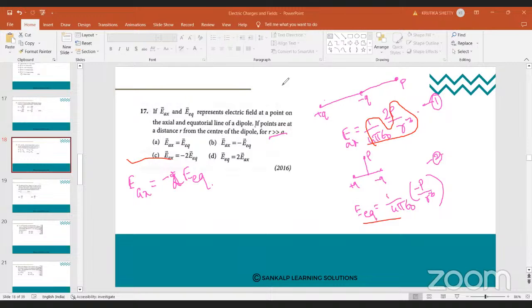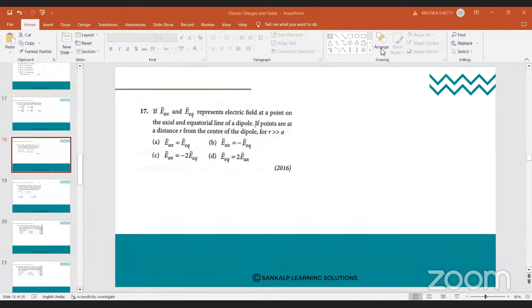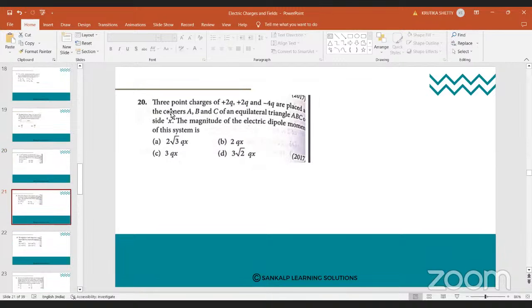Next question. 3 point charges of plus 2q, plus 2q and minus 4q are placed at the corners A, B and C of an equilateral triangle ABC of side x.